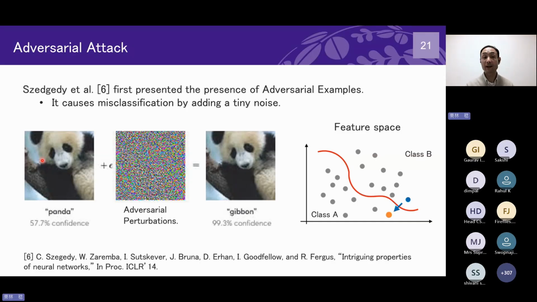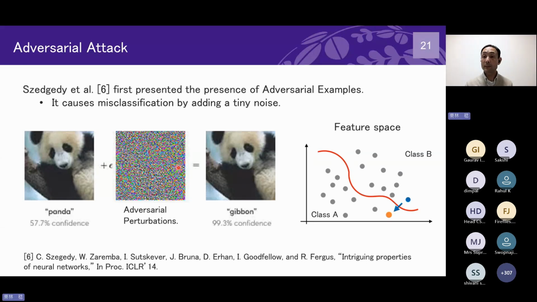It is classified as panda, as you can see. But if a certain perturbation, the noise, is added to this image, then for human eyes, it still looks like a panda. But the AI model will output gibbon by mistake. So this is an adversarial example. This is the difference between human eyes and machine eyes. Machine eyes are more sensitive to the adversarial perturbation.